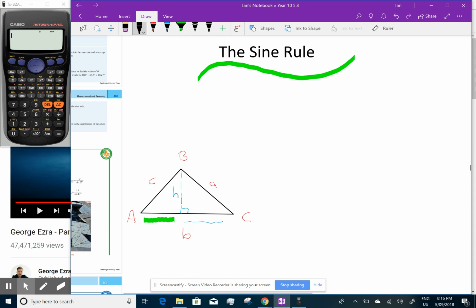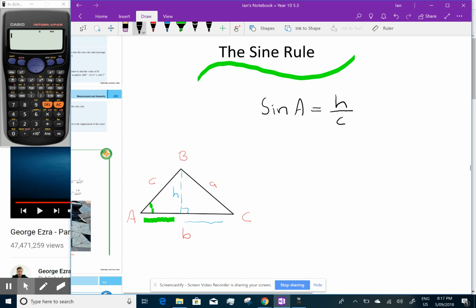So first of all, let's look at the triangle on the left-hand side. So what do we know? Sine, using right-angle trigonometry, sine of A. So sine of this angle here, well, that's pretty easy. It's opposite, which is h, over hypotenuse, which is c.